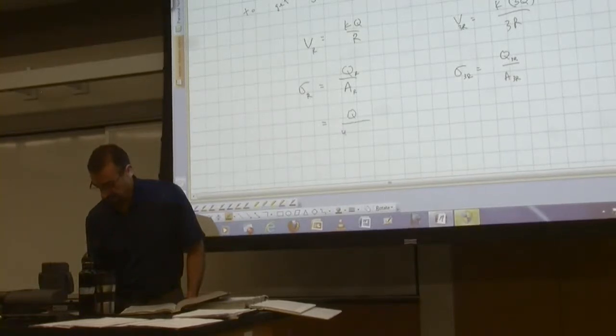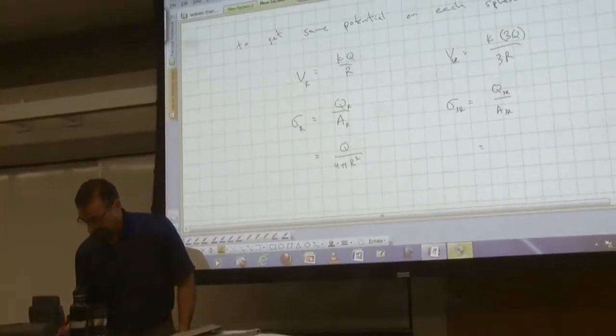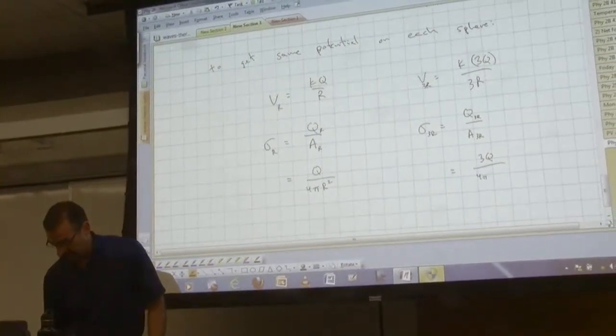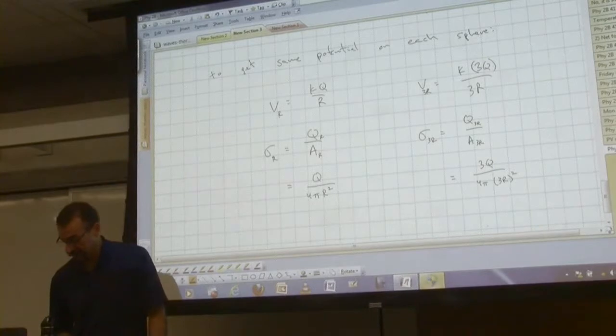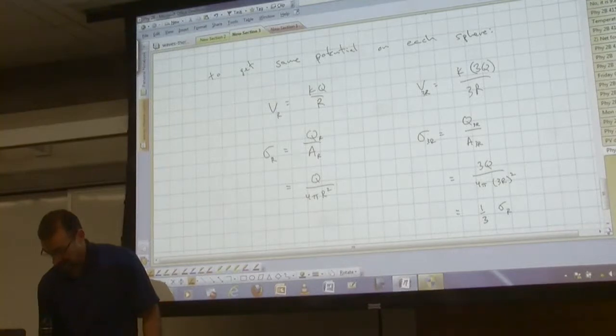What's the surface? 4 pi r squared. This has 3Q, and the surface is 4 pi 3r squared. And so this one is 1/3 of the other one.